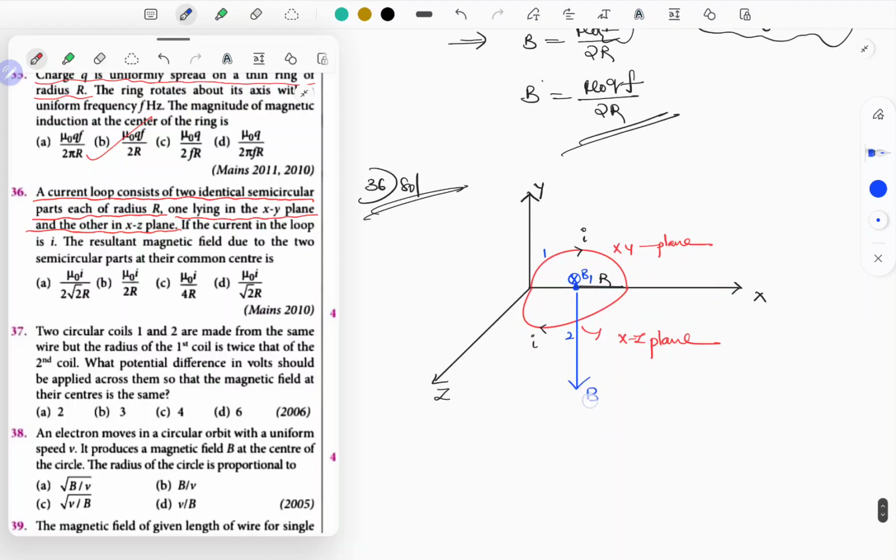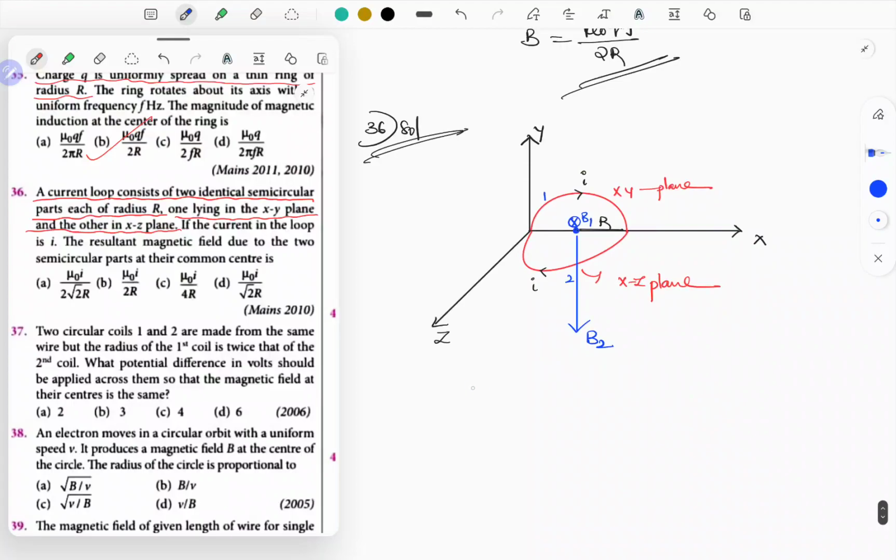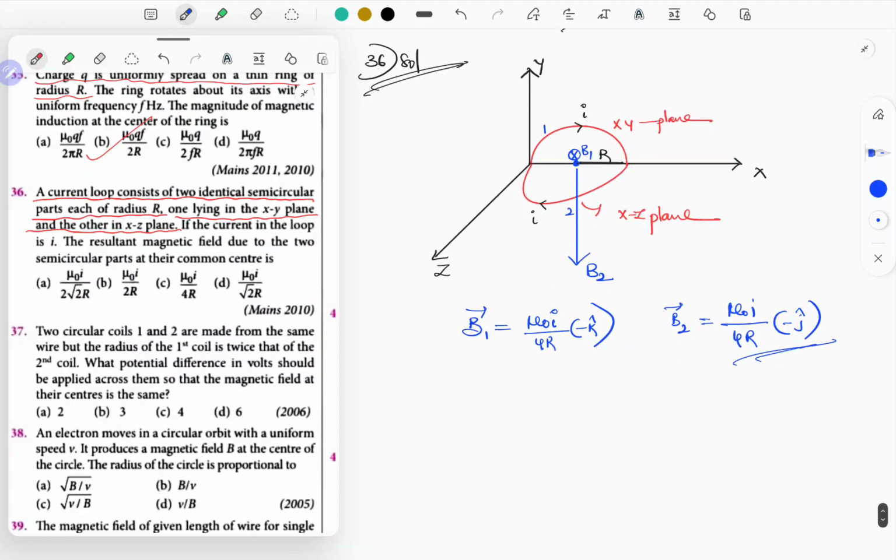So this is B2. Let me write down the equations. B1 is equal to mu naught I divided by 4R, direction is minus k cap. Similarly, B2 is mu naught I by 4R, direction is minus j cap. Just check it out. Simply use the right hand thumb rule, you'll get it.